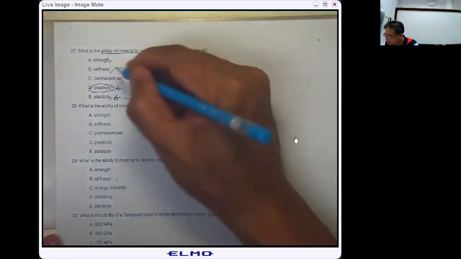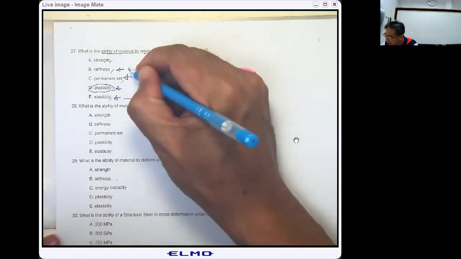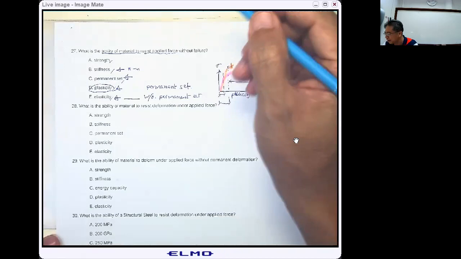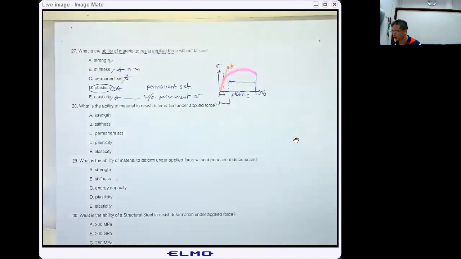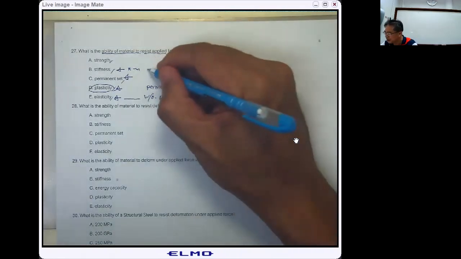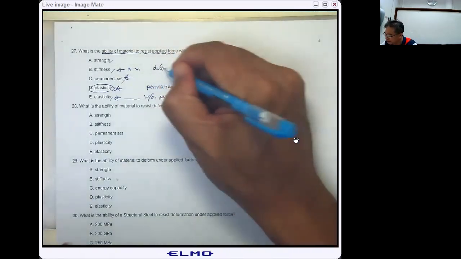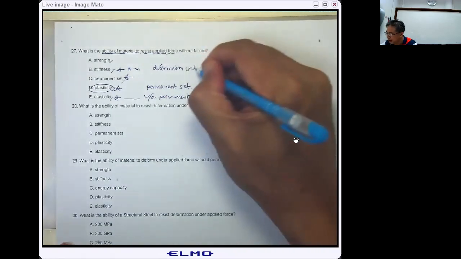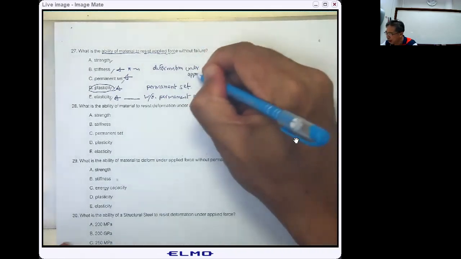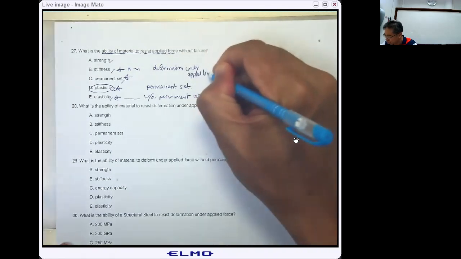Okay, the stiffness is the ability of the material to what? To resist the deformation. This is going to be resist the deformation under applied load.